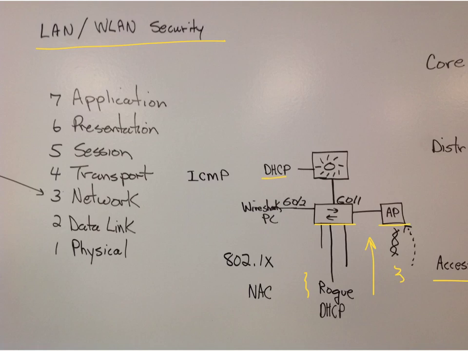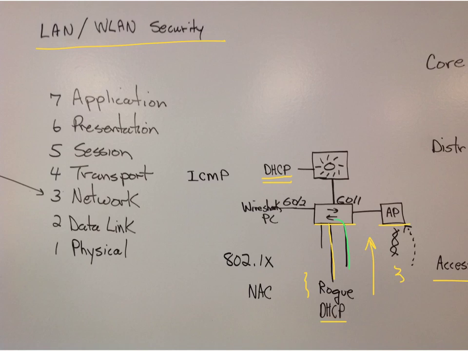Okay, so the first we talked about DHCP server up here. A rogue device could exhaust all the DHCP addresses and then start a DHCP server. So keep it pretty simple.